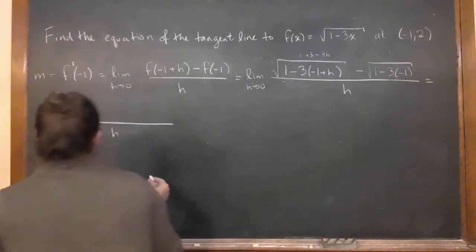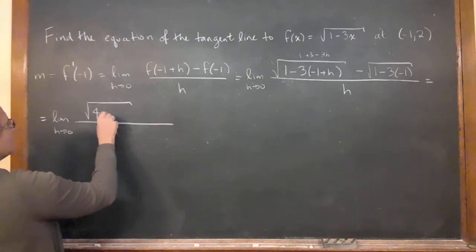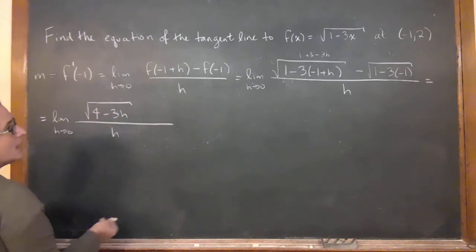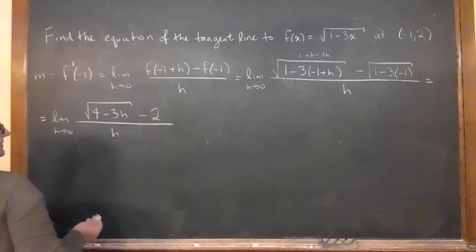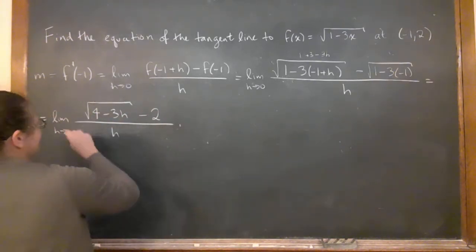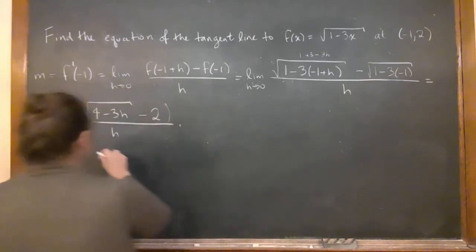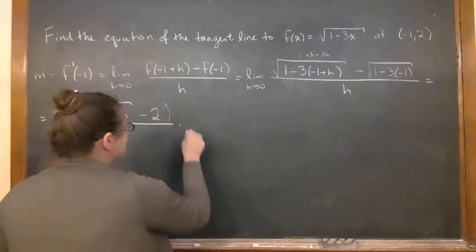So this is going to be the square root of 4 minus 3h, and then minus 2. Actually, it does look kind of similar to something. I think there were 4s and 3s and some other thing we did earlier this week. Anyhow, it's the same deal.